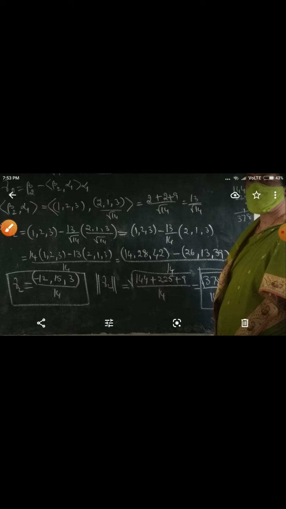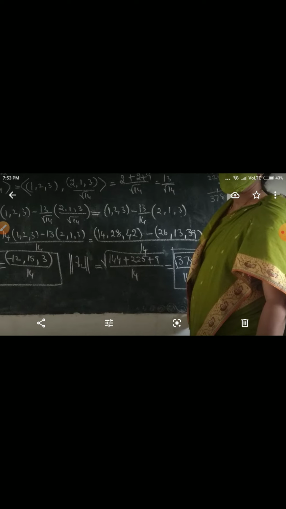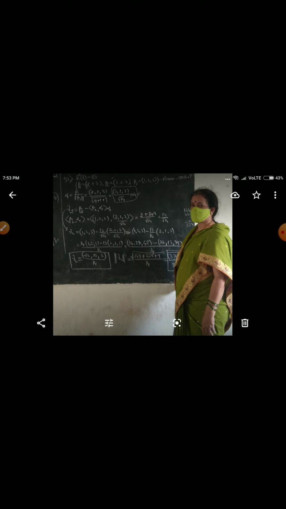That is (minus 12, 15, 3) divided by 14. Therefore, what is norm gamma 2? That is the square root of 144 plus 15 square, 225, plus 3 square, 9, whole divided by 14. That is nothing but root 378 by 14. That is the value for norm gamma 2.